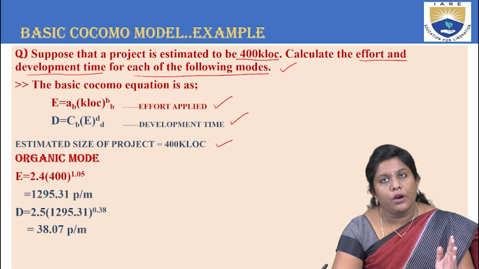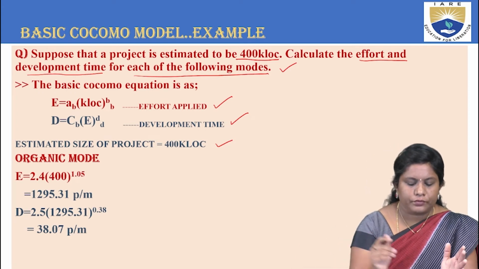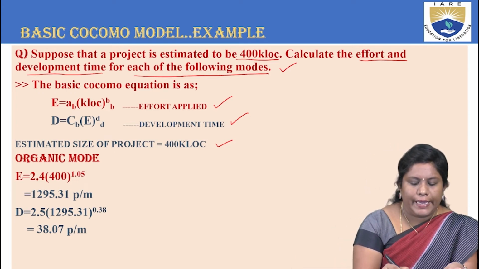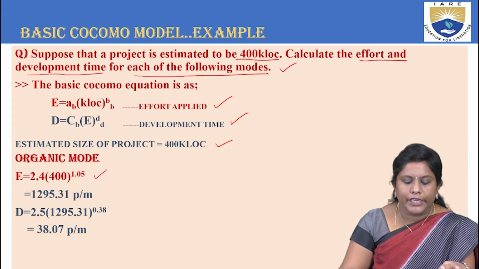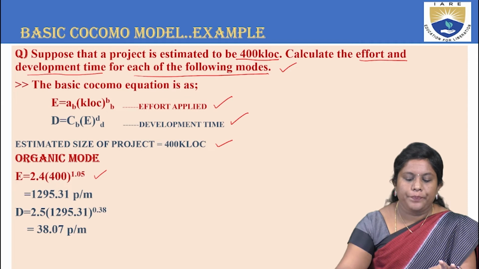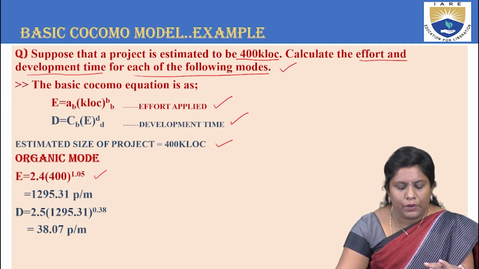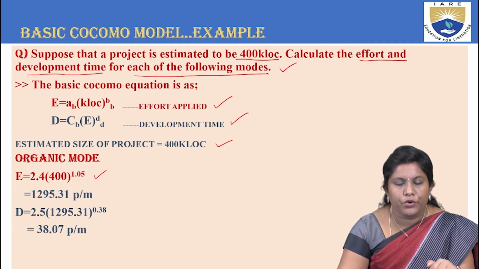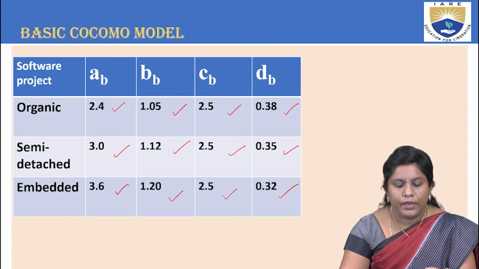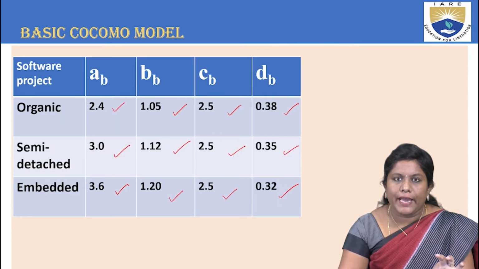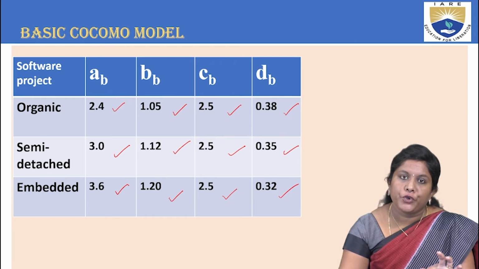Coming to organic mode, the effort E is equal to AB times (KLOC) to the power of BB. How am I getting these values, 2.4 or 1.05? If you go back, your AB in the organic mode is given a value of 2.4.